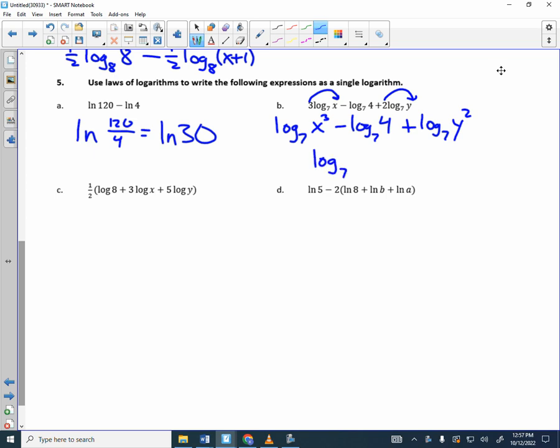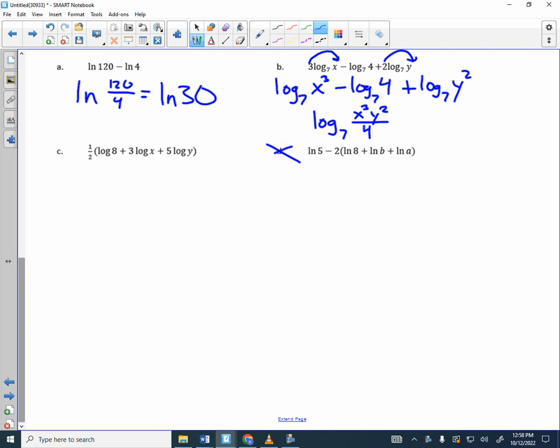Log base 7, what should be in the numerator? X to the third. Y squared. What should be in the denominator? 4. Yeah, if it's adding, it's positive, it will be in the numerator. And if it's negative, it will be in the denominator. Good.